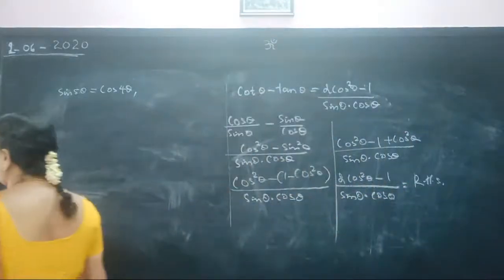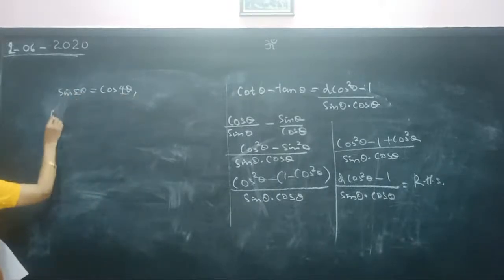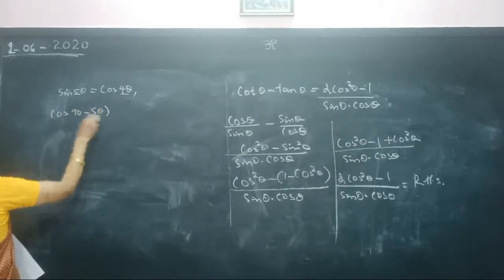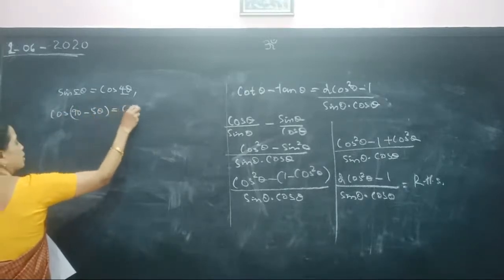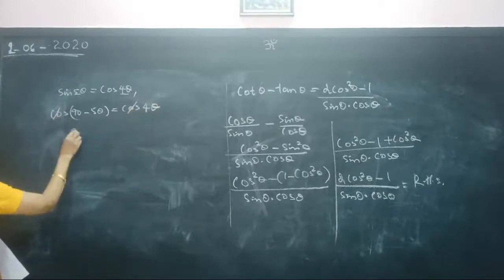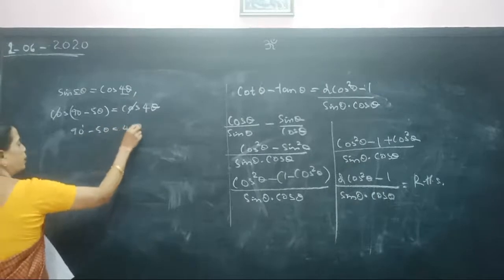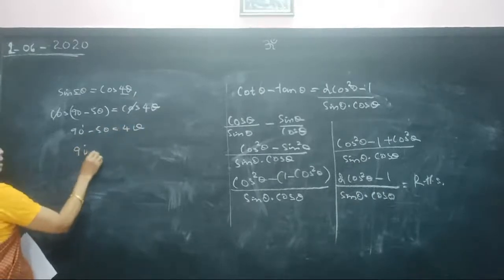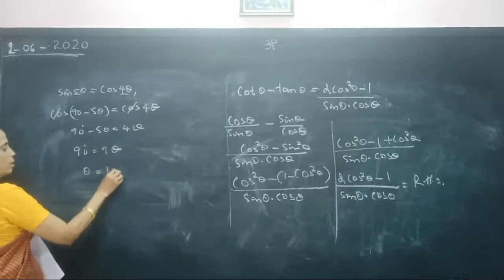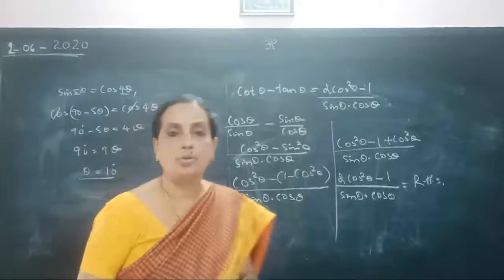Sin 5 theta, here acute angles. We write sin theta as cos of 90 minus 5 theta equals cos 4 theta. So 90 degree minus 5 theta equals 4 theta. 90 degree equals 9 theta. Theta equals 10 degree.